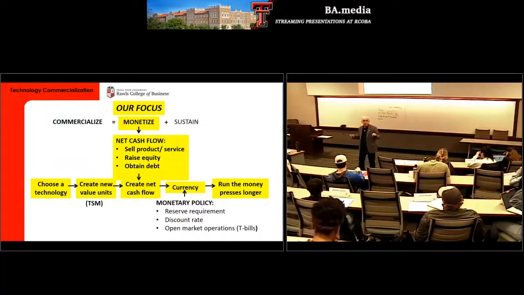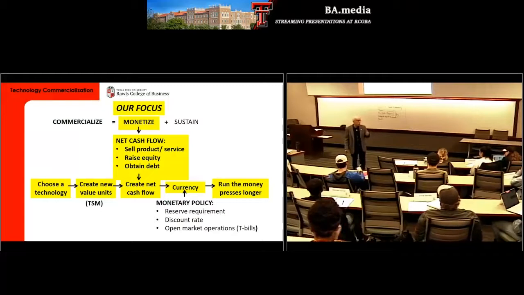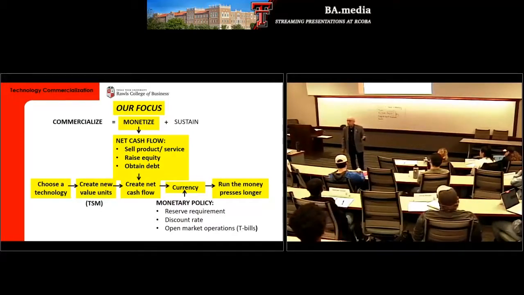And on the basis of that, we'll prove using logic and system, the skills most prevalent in this class, how if we choose this technology and create a product or service, it's really likely to create new value units, aka sales, aka new transactions, aka new exchanges.